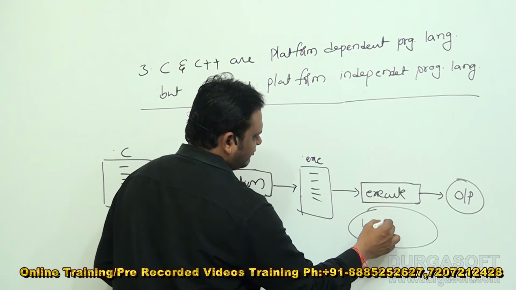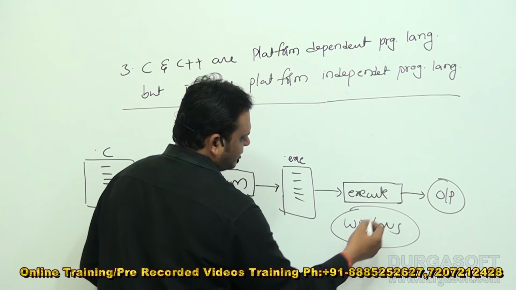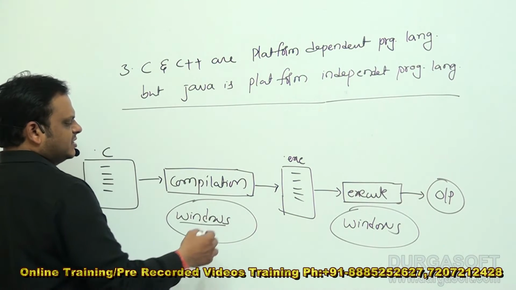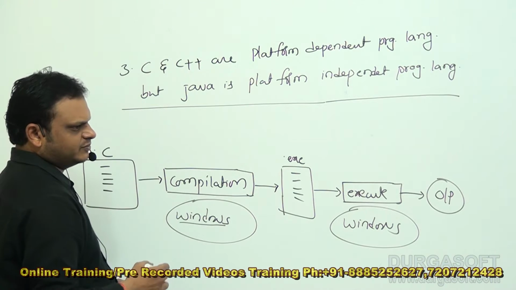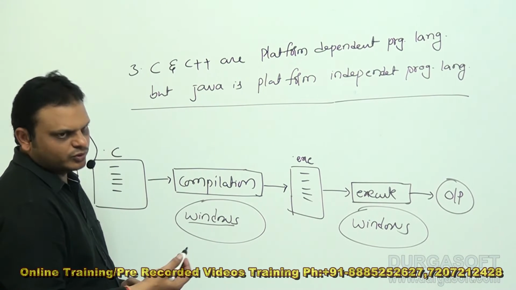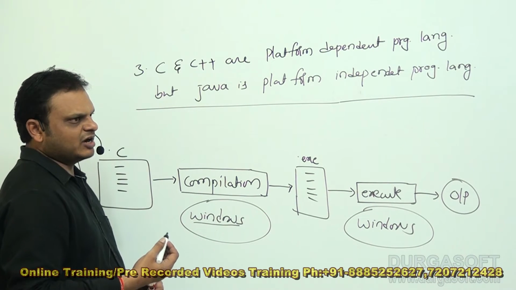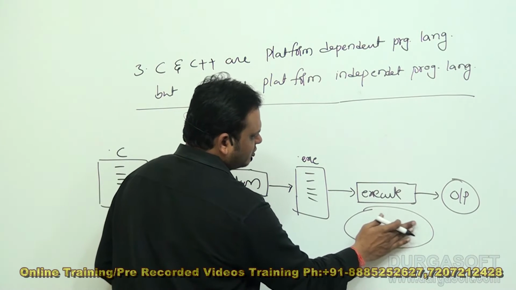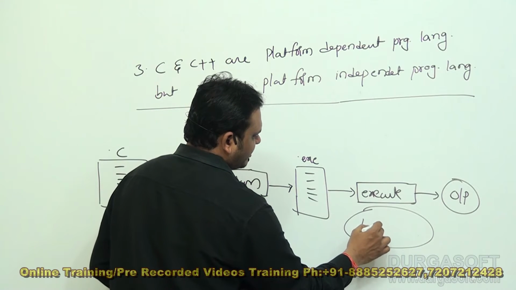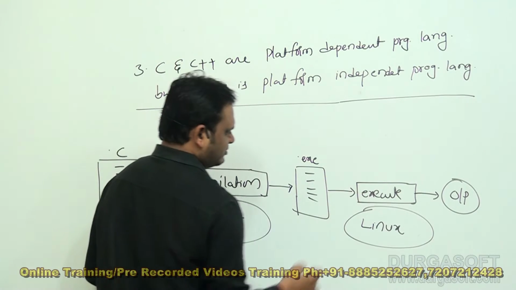So as per the platform dependent nature, the same operating system we have to use for compilation and execution. For example, to prove C and C++ are platform dependent programming languages, in place of this Windows at runtime, I want to use, for example, the Linux operating system.